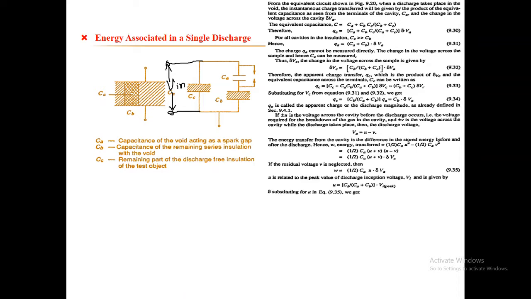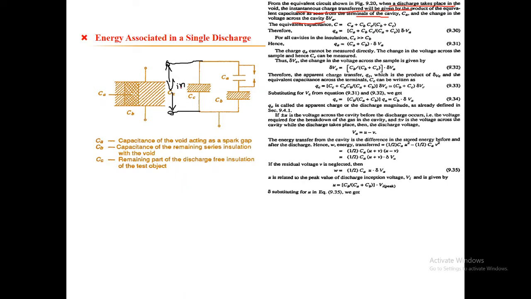When the discharge takes place in the void, the instantaneous charge transferred will be given by the product of the equivalent capacitance as seen from the terminals of the cavity, CA, and the change in voltage across the cavity, delta VA.